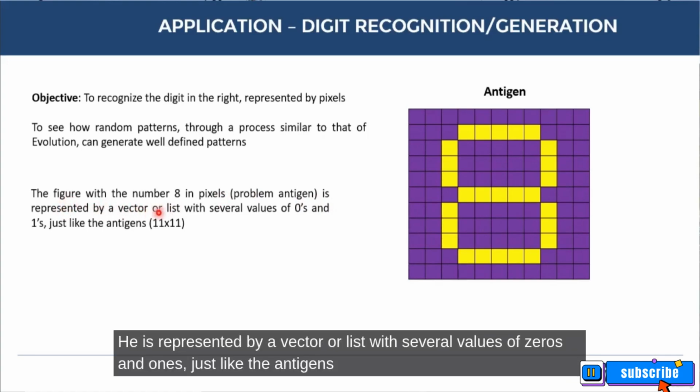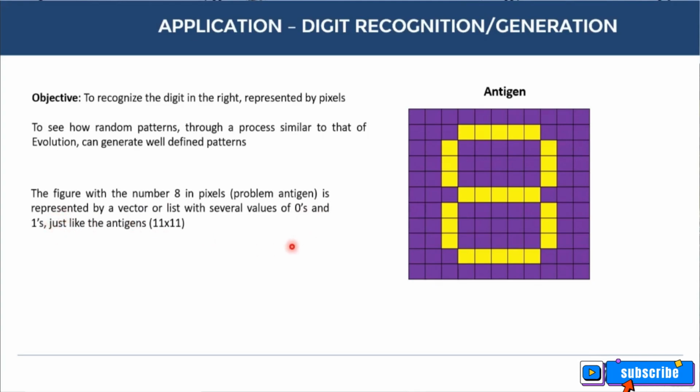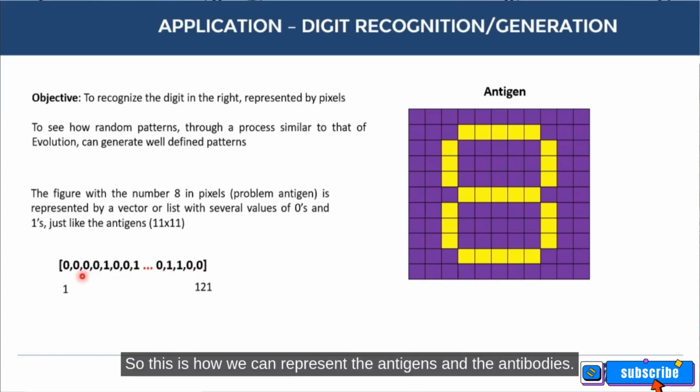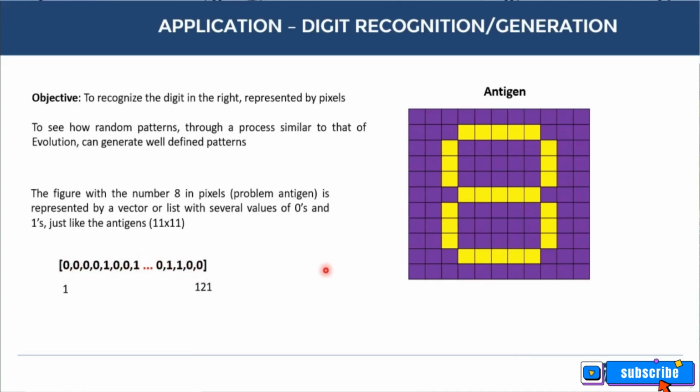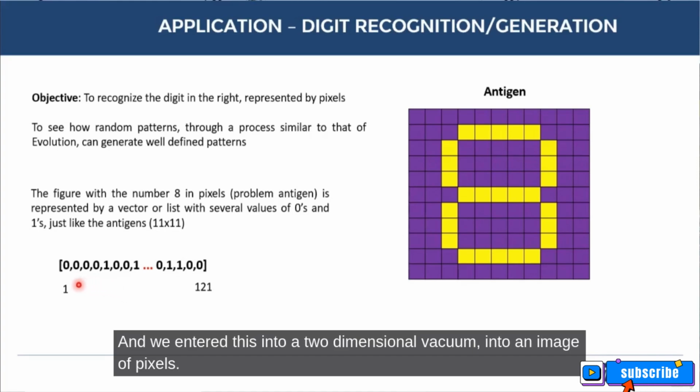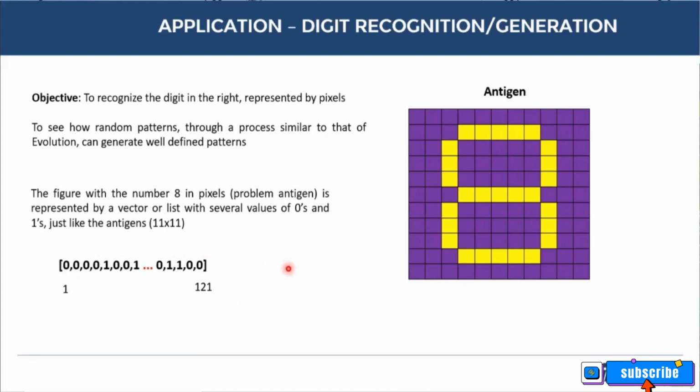It is represented by a vector or list with several values of zeros and ones, just like the antibodies, as we will see later. So this is how we can represent the antigens and the antibodies: a vector or a list with a lot of zeros and ones. And we can turn this into a two-dimensional vector, into an image of pixels.